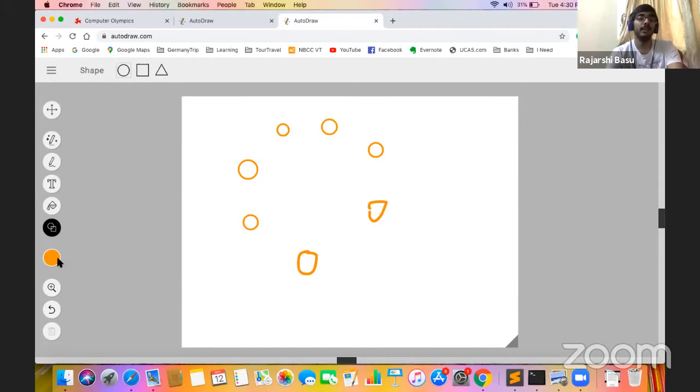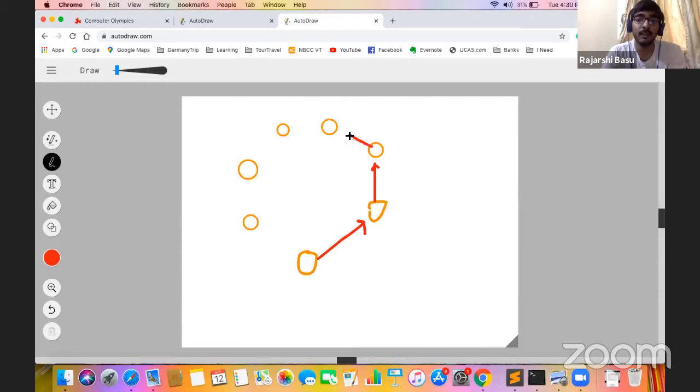Let's say our nodes were like this and our edges were in a cycle. So our edges went in this cyclic order, right? And so on. Now, this is 1, this is 2, this is 3, and so on, right?